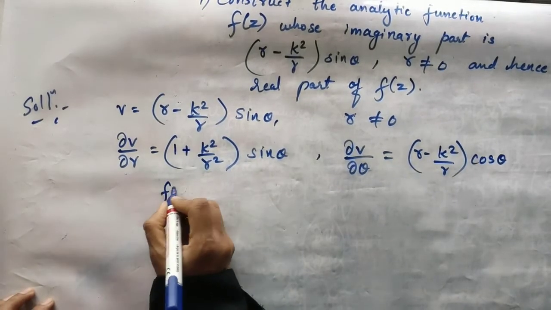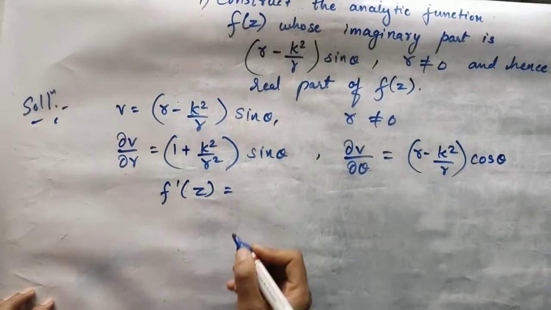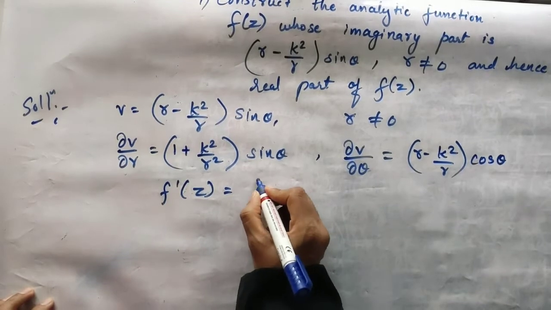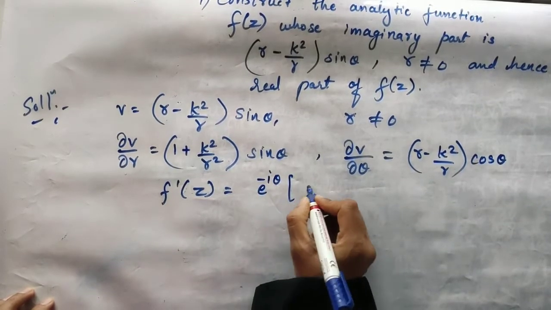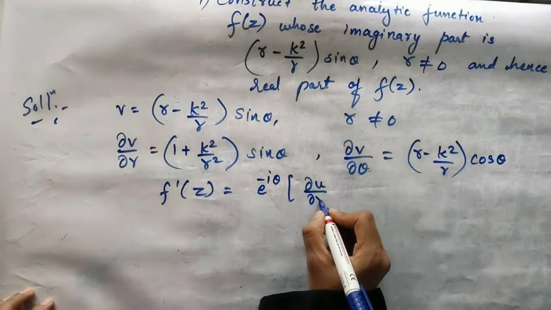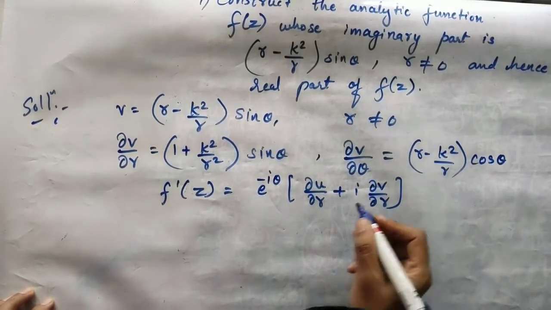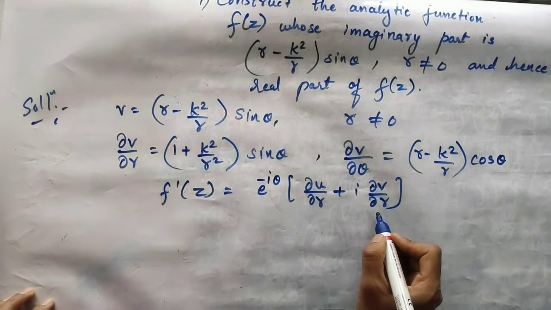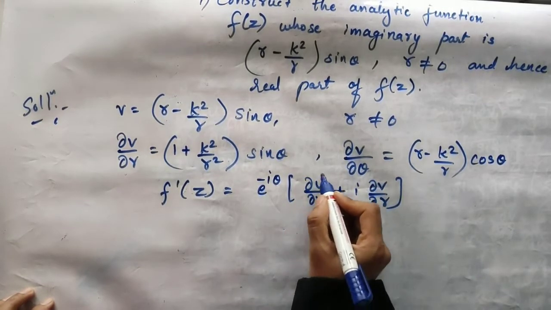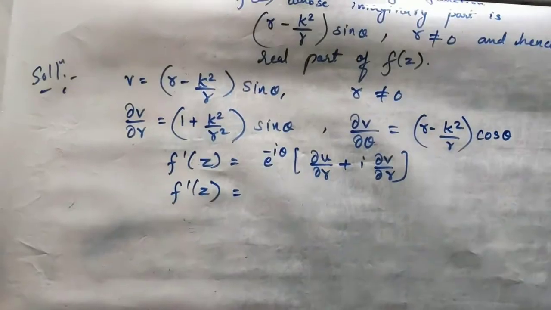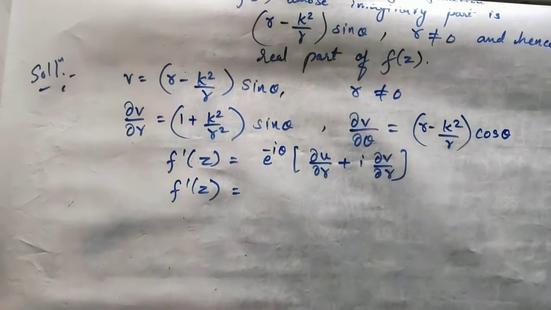Now we have to write our f dash of z in polar form. How do you write f dash of z in polar form? e to the power minus i theta, dou u by dou r plus i into dou v by dou r. Now since we do have dou v by dou r, but we do not have dou u by dou r, our f dash of z will be e to the power minus i theta.